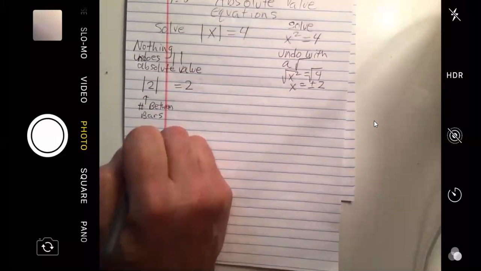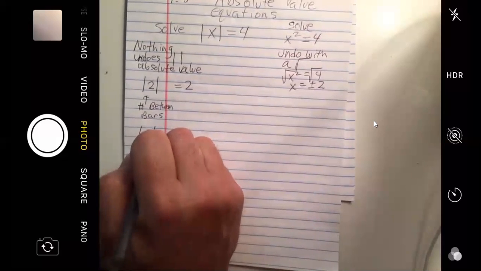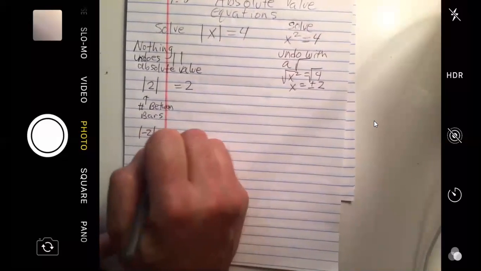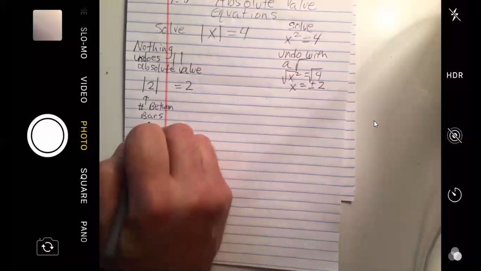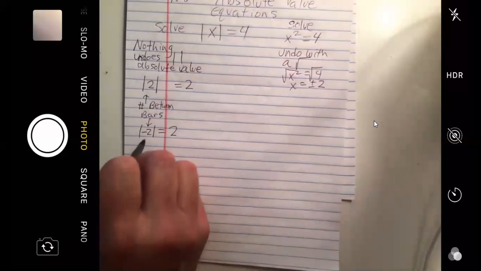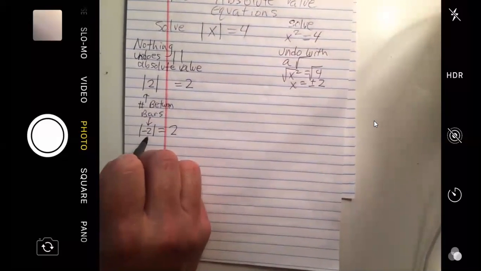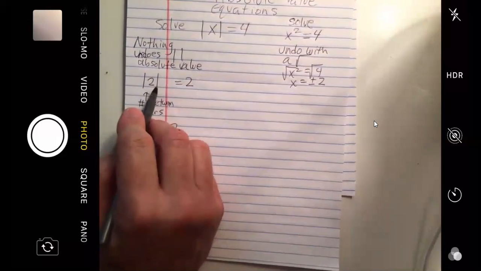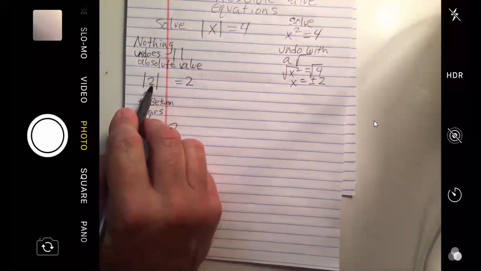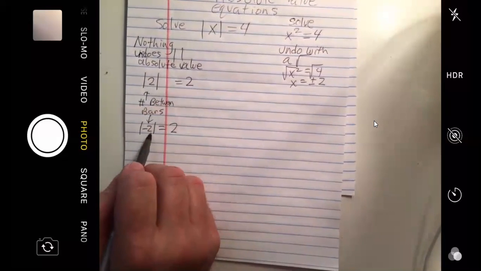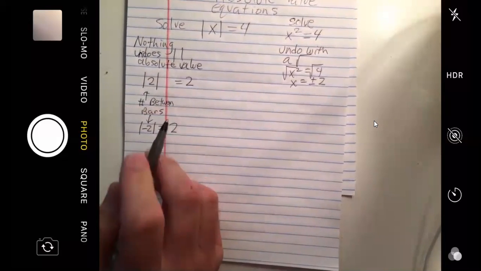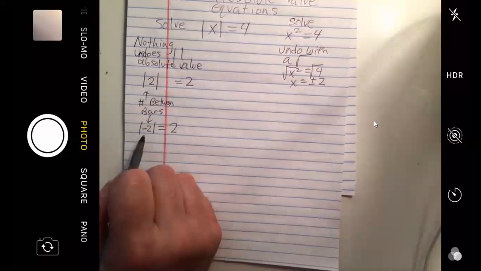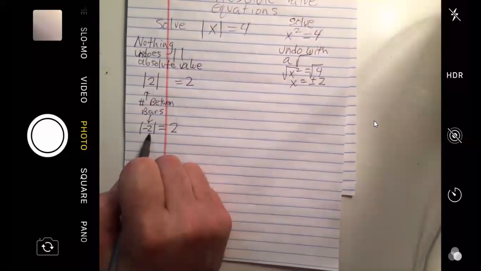Make that number negative, and you still get 2. That is the number between the bars. That's what they want. So the straight bars don't do anything to positives, but they change negatives to positives, because they're looking for the number between the bars, which is 2, the value.